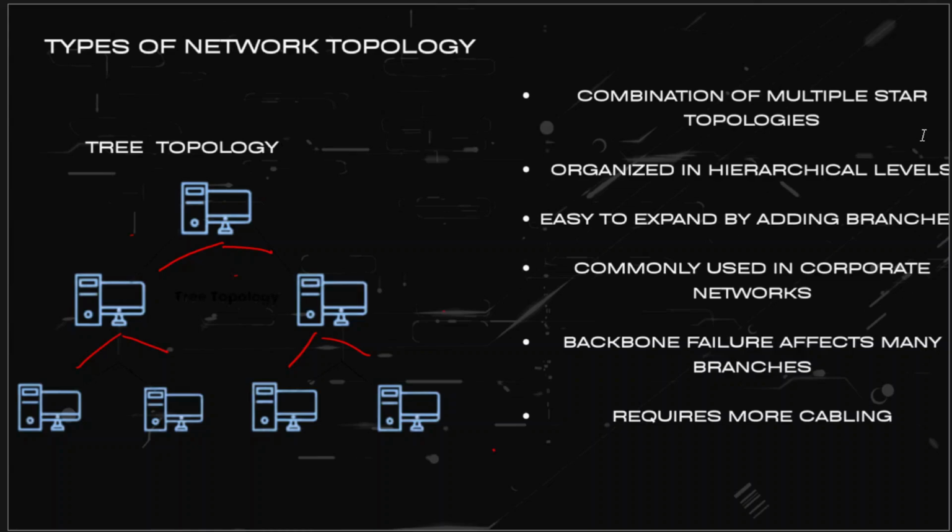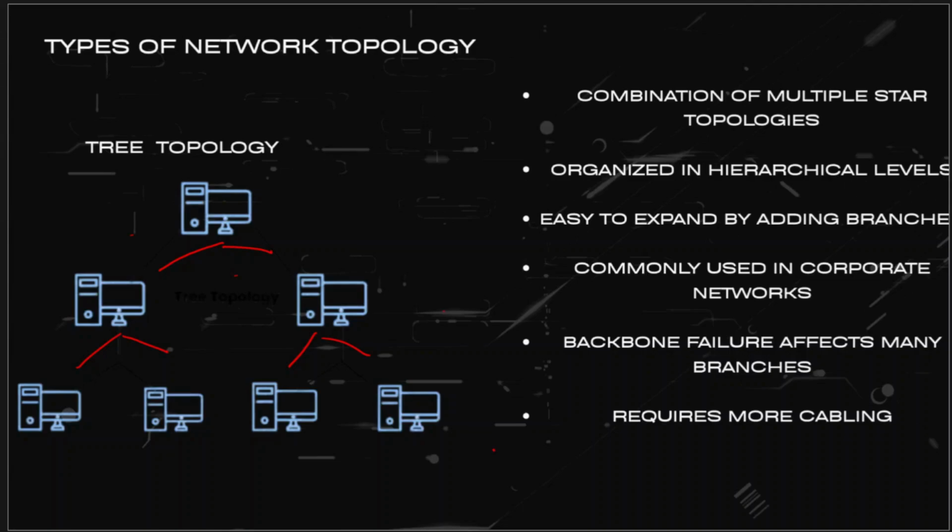If you take a college, there we can find a main fiber line, and the branches are like the library, science department, arts department, computer department, and each department has its own branch connections.